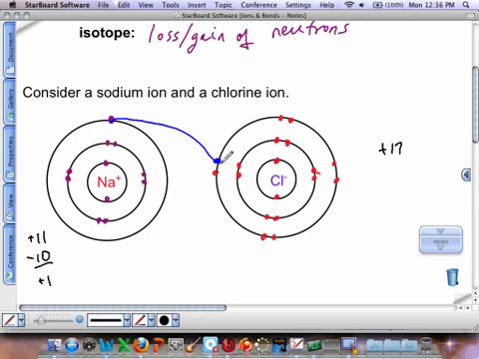And then when it takes on that electron from sodium, chlorine has 18 electrons, therefore it has a charge of negative 1. So when sodium loses that electron, it becomes positive. It has a positive charge. So here we go.